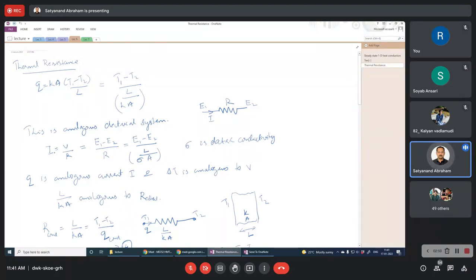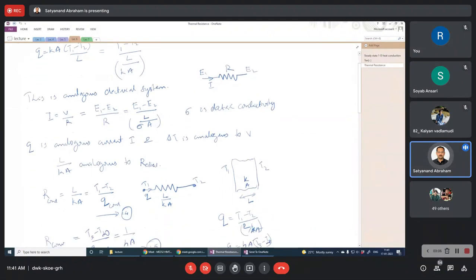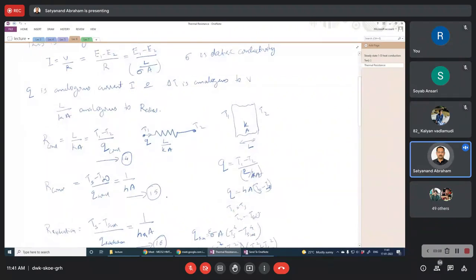In the electric analogy, we write E1 minus E2, the potential difference, divided by L by sigma, where sigma is the electric conductivity. So L by KA is analogous to the electric resistance, and we call it thermal resistance.